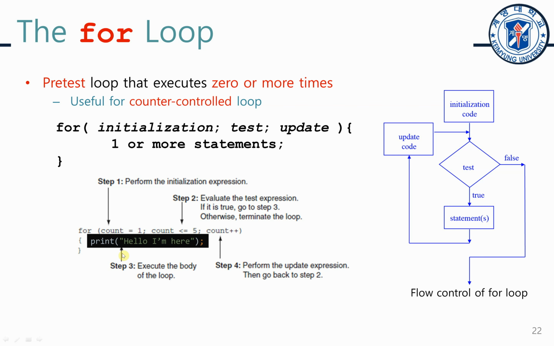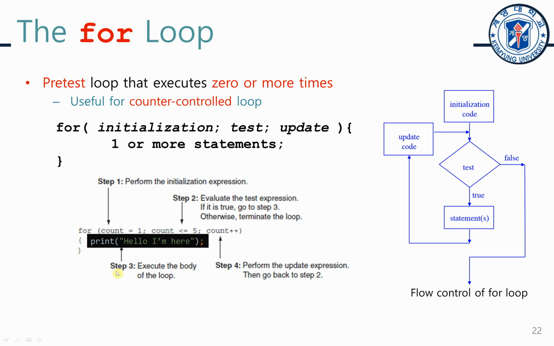So we initialize count. For count equals 1, count is less than or equals to 5, count plus plus. The first step is the initialization expression. The second step is to evaluate the test expression, and if it is true, we go to step 3.